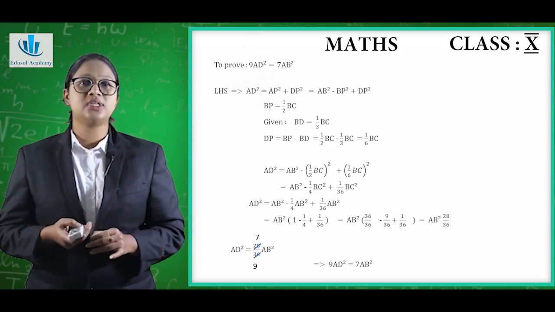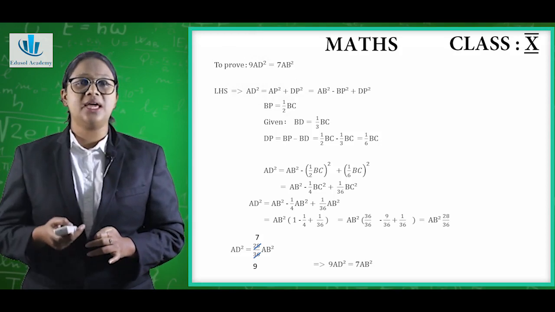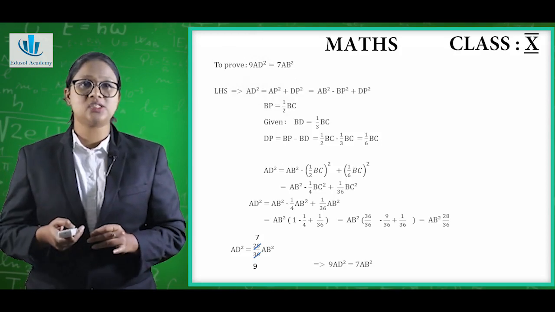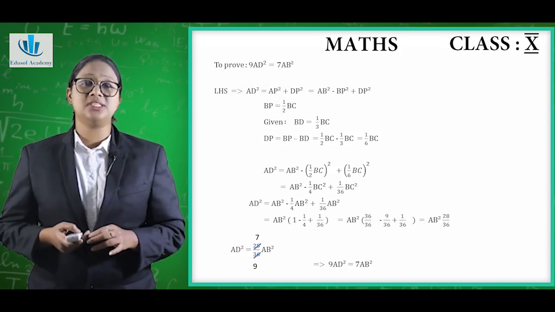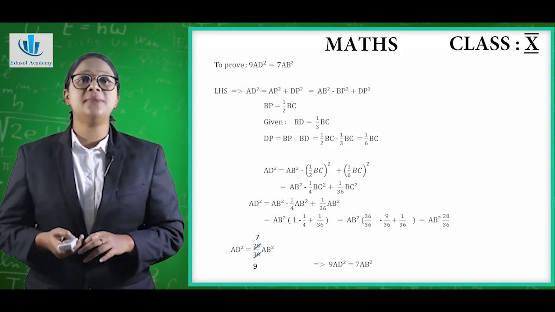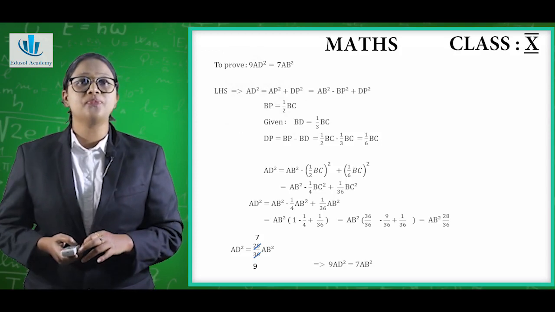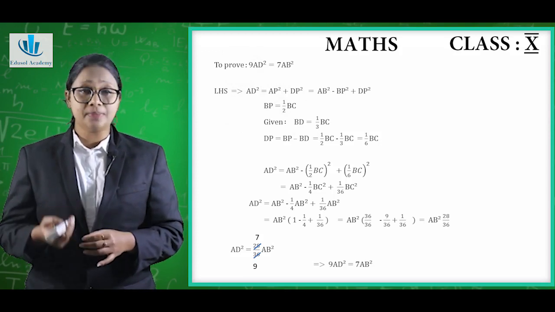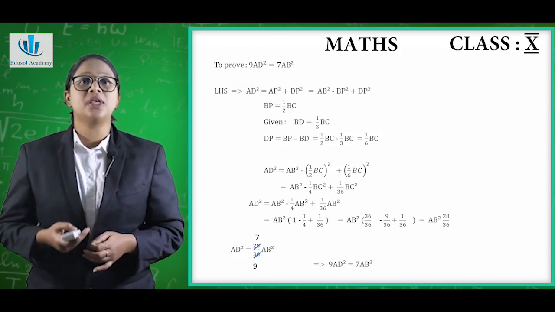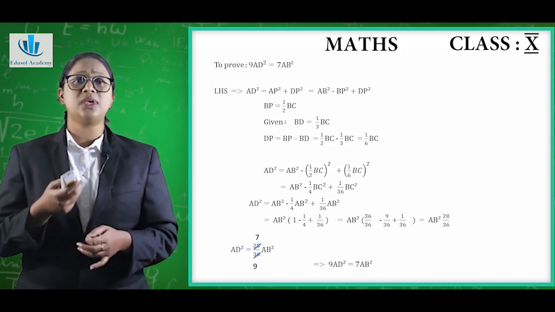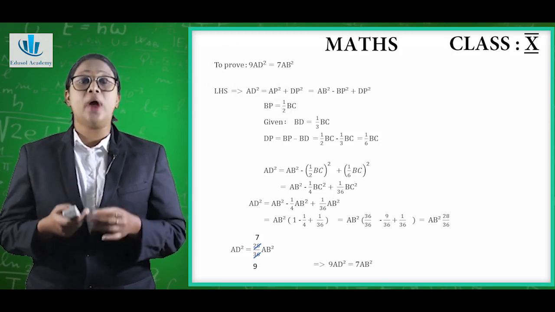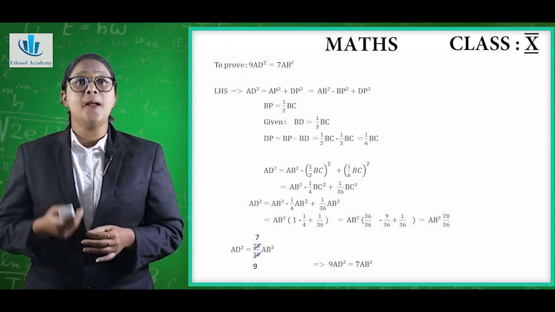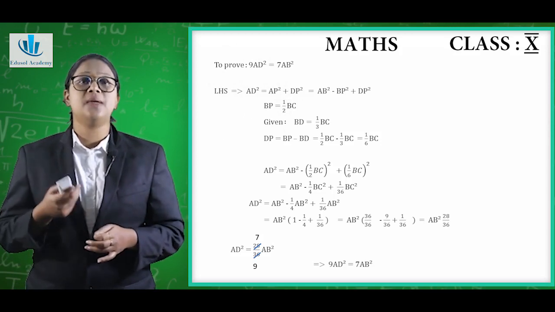Squaring it, the equation will become AB square minus 1 by 4 BC square plus 1 by 36 BC square. Now we know that ABC is an equilateral triangle, so we need to replace BC with AB. So we can rewrite it as AD square is equal to AB square minus 1 by 4 AB square plus 1 by 36 AB square.